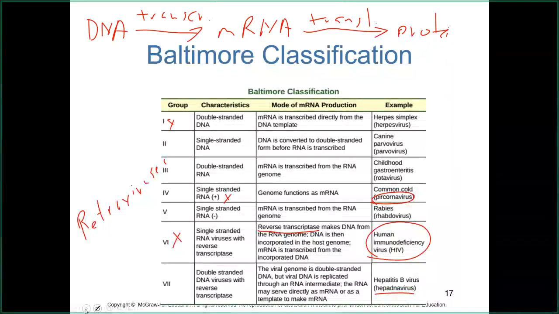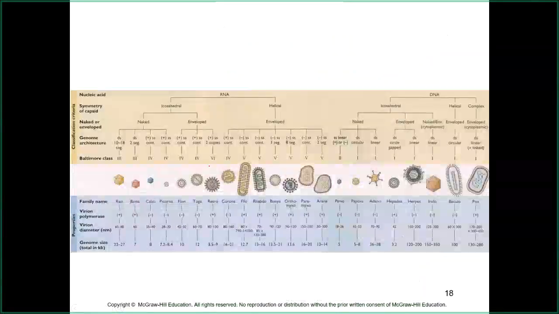There's this Baltimore classification. I'm not going to ask a bunch of really difficult questions about that, but you should know that this classification exists and that it's mainly founded on the type of genetic material that the virus has. And here's a more complete, sort of comprehensive picture that shows the array of different RNA and DNA virus types.